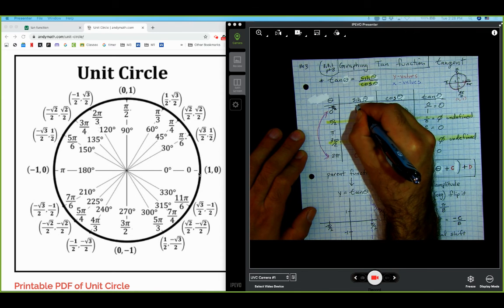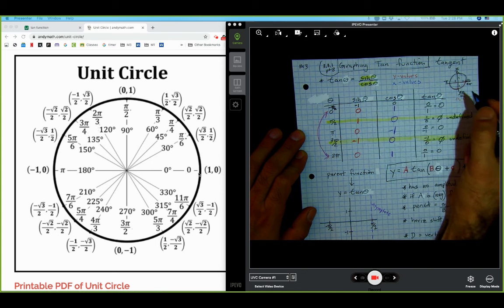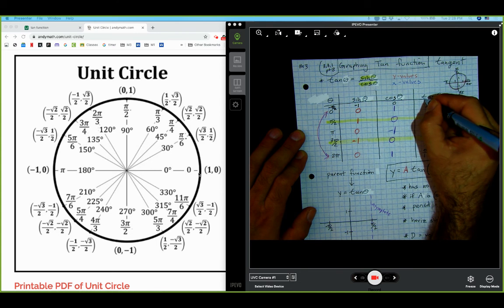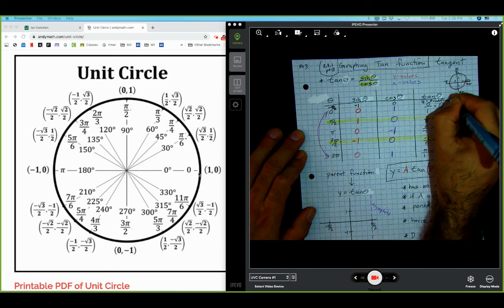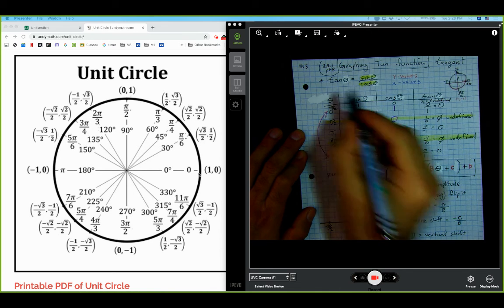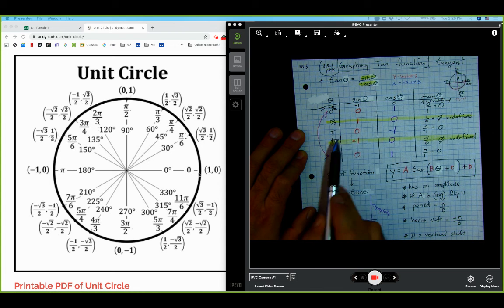Go ahead and input these values as well. I end up with 0, and negative 1 over 0, which is undefined. So I did this for negative pi over 2, and it's exactly the same values as 3 pi over 2.